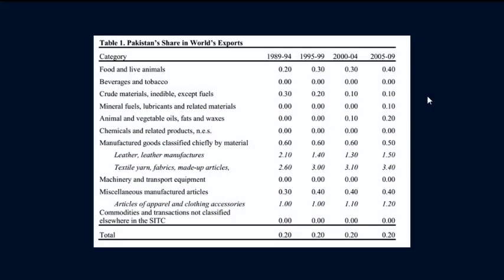The paper provides data on how much we export, and basically this is 1% or 0.2%, a very small amount of the world share. The average is around 0.2%, is what our share is in exports, with the leather, yarn, manufacturers and textiles being the largest exports that we have.